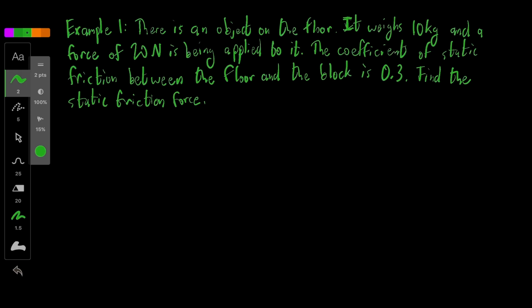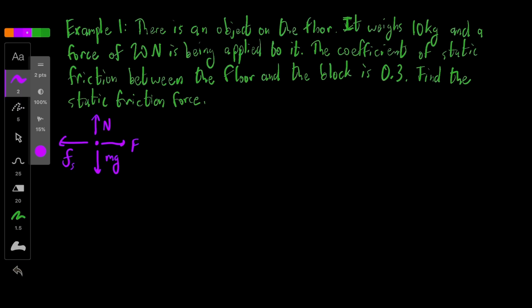So first, let's draw a quick diagram of all the forces. We have the weight of the object, or mg. Then upwards, we have the normal force. Then we have our applied force, F, and then our frictional force, or static frictional force, towards the left.